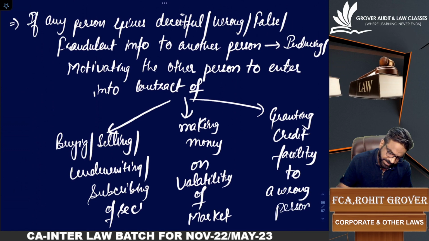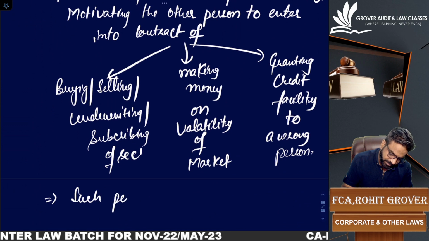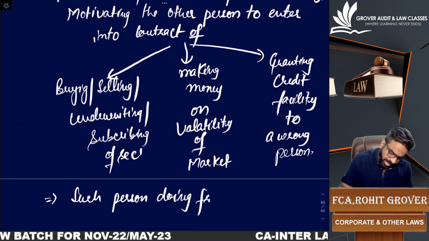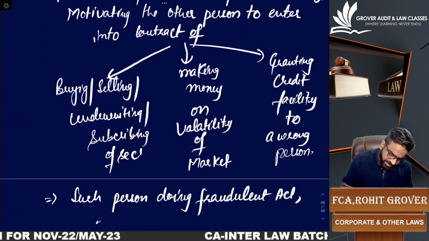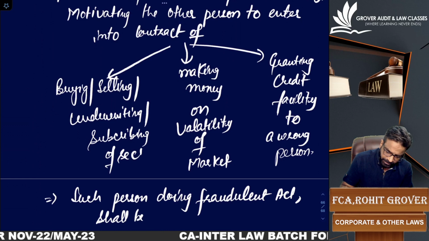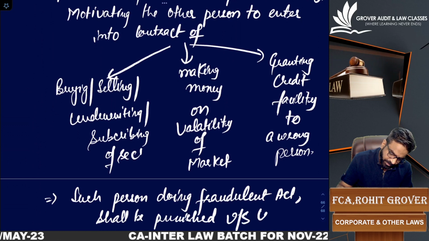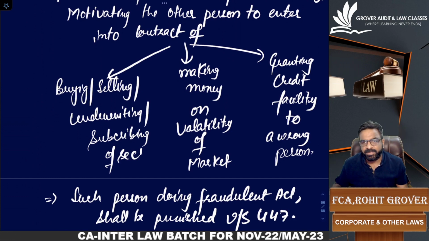In all these cases, such person doing a fraudulent act shall be punished under section 447. Tell me, everyone, shall be punished under section 447. Now, what is another way by which they may ask you this question?